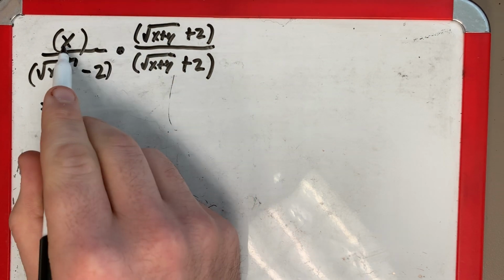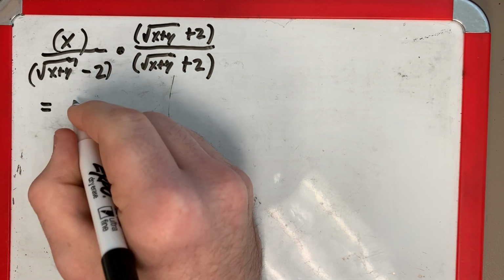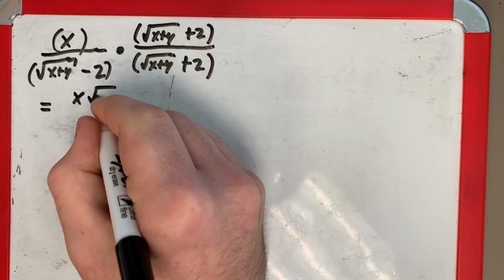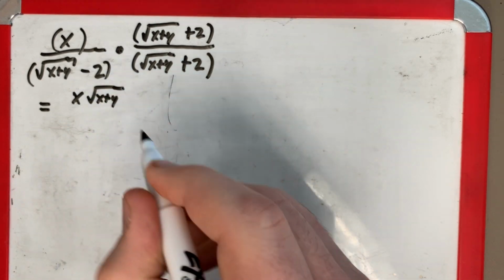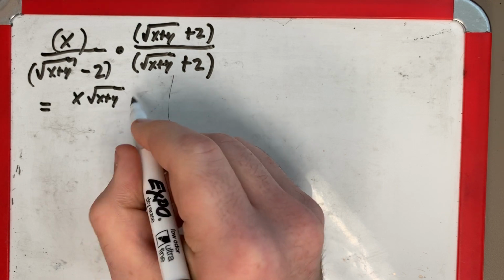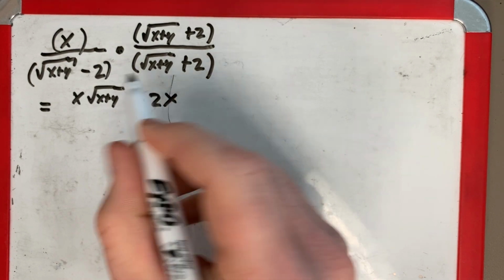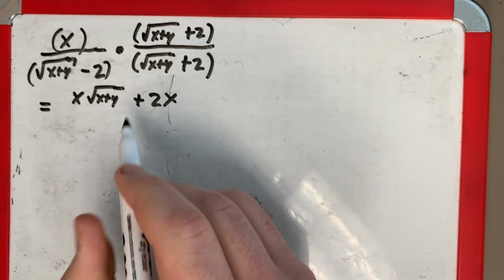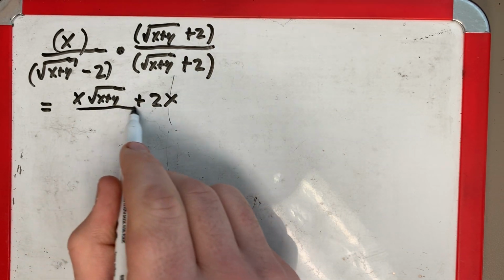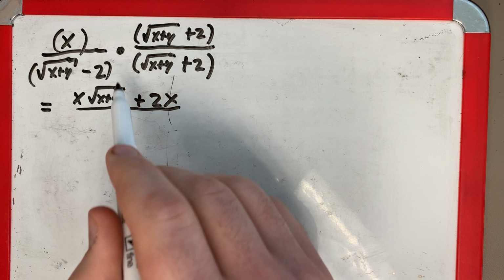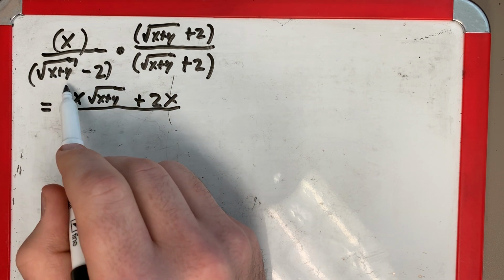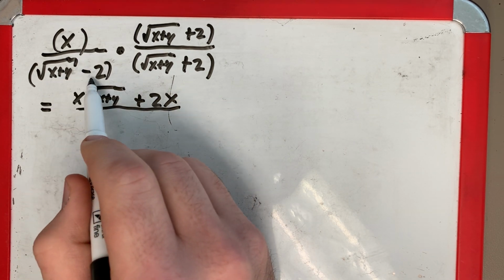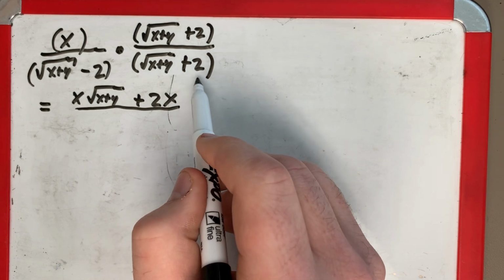These two things are being multiplied, and they're quantities, so this becomes x times square root of x plus y, and then we have a plus 2x. All I did was FOIL this x through; I distributed it through this entire thing. That's where that came from. And now the denominator, I have square root of x plus y minus 2, square root of x plus y plus 2.